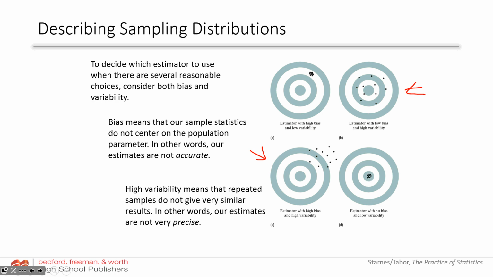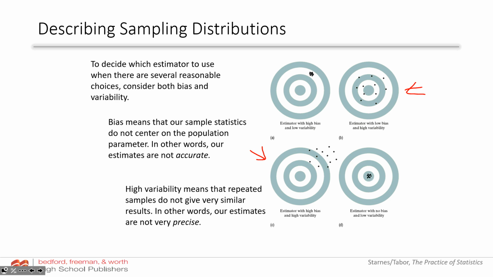In other words, our sample values are all over the place. We have a lot of variability. We want high accuracy, in other words, no bias, but we also want precision, low variability. So accuracy is kind of like the bias, precision is kind of like the variability.